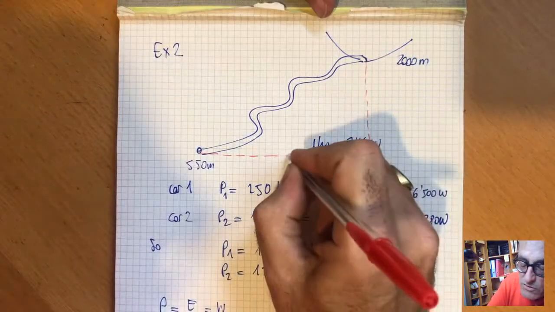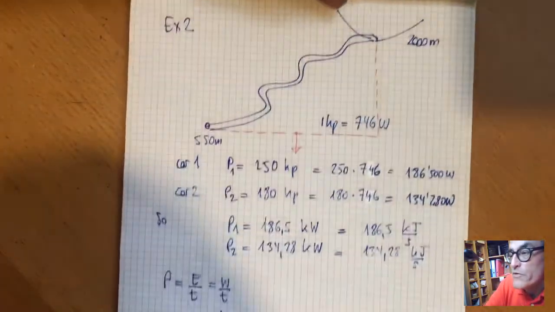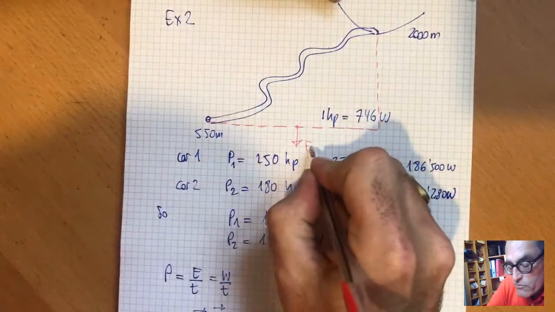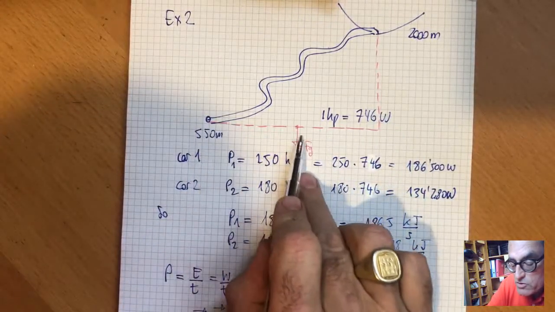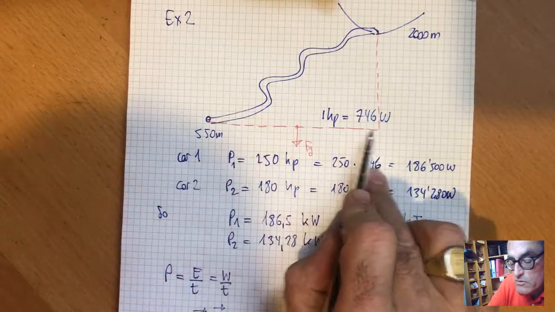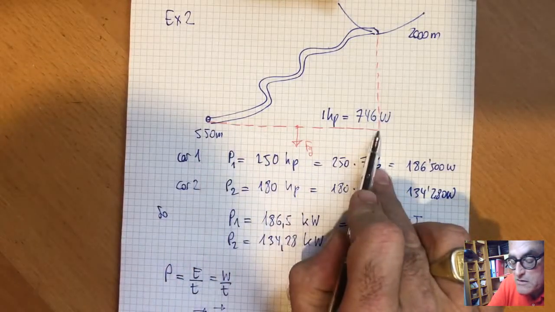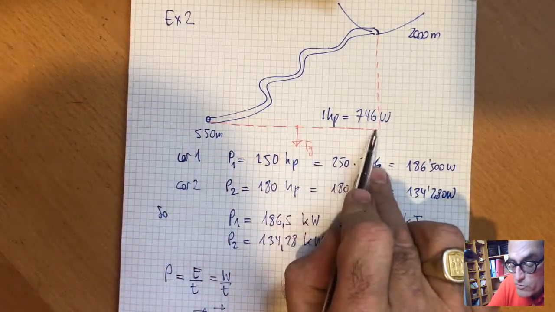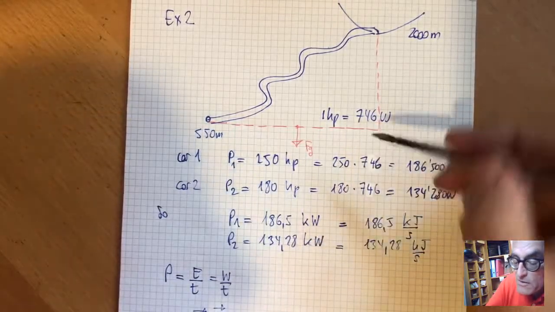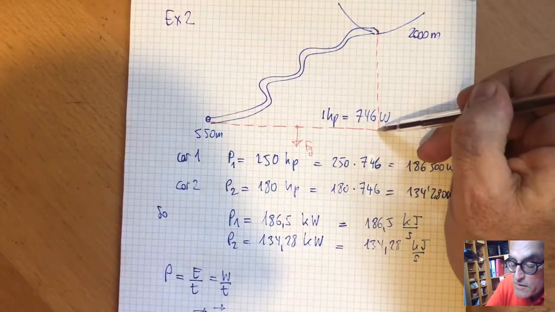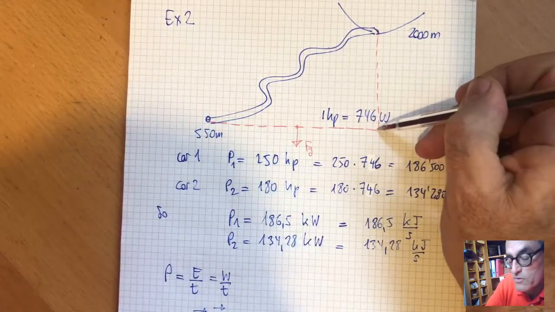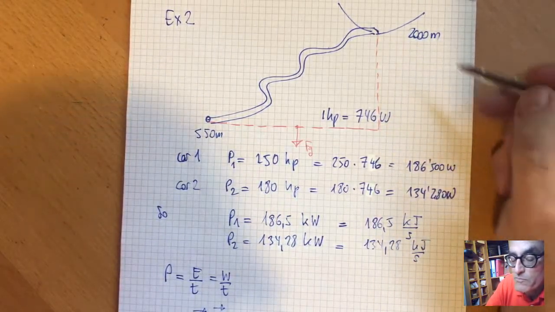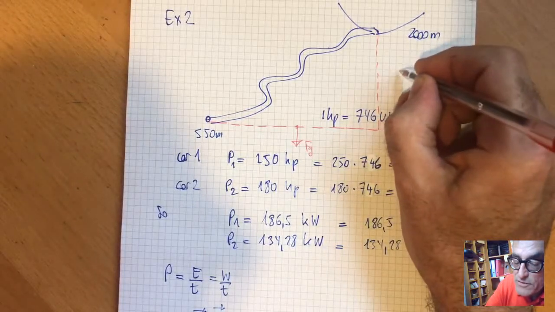Because when you are going flat, the gravitational force here does not work. Okay, the gravitational force is perpendicular to the motion at the same altitude. So here we don't do any work if there is no friction, and the work we will do is only the work which is needed to go vertically from down in the valley to the top of the pass.